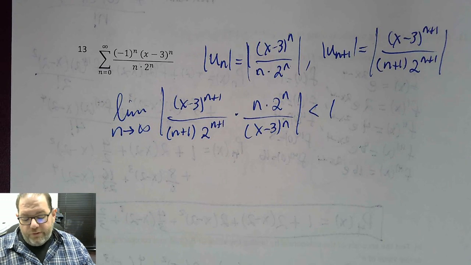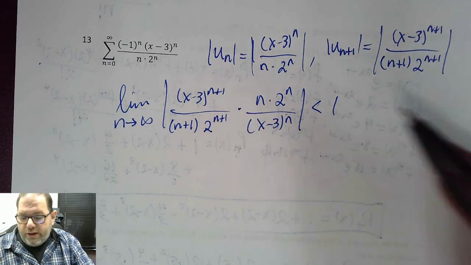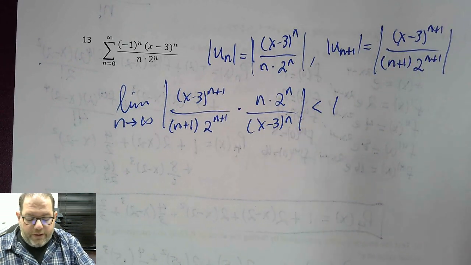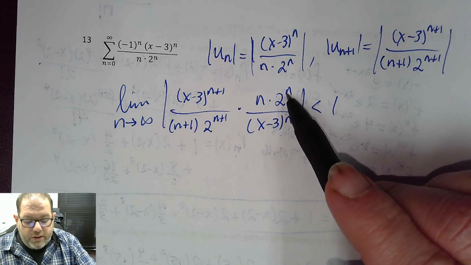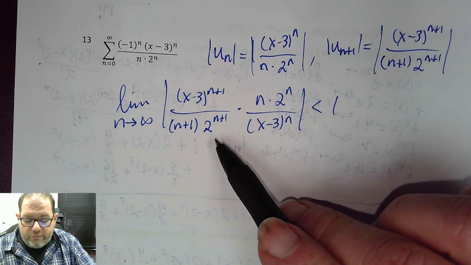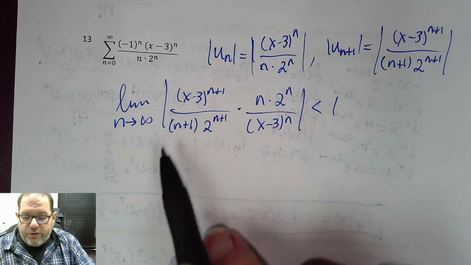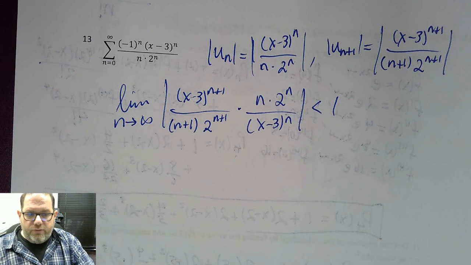Now again, we can reduce our x minus 3's because we have n plus 1 of them here and n of them here. So there's just one extra on the numerator, which should always be the case. And then 2 to the n reduces as well. 2 to the n over 2 to the n plus 1 leaves an extra 2 on the denominator. And then the n and the n plus 1, those are polynomial terms. Those don't go anywhere.